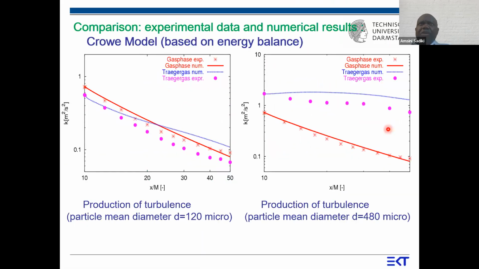If we use the model based on the first law of thermodynamics, we see that the first part is correct, and along the channels, we have augmentation of the turbulent kinetic energy. But for large particles, we obtain a little bit good prediction of the augmentation of particles.